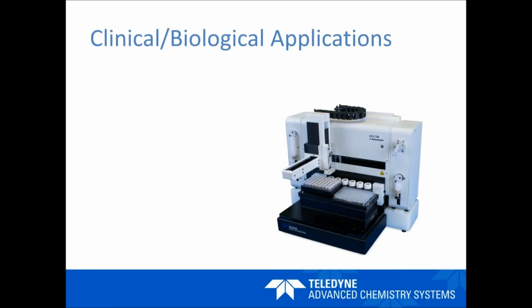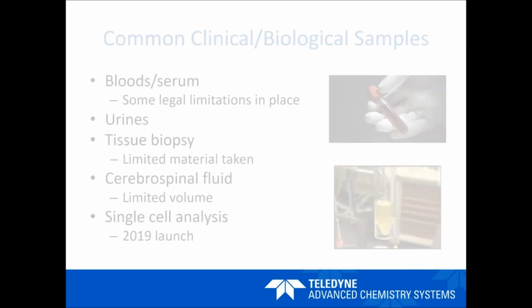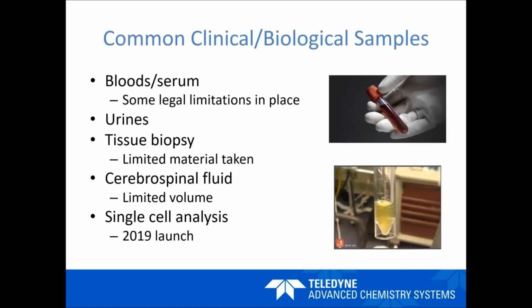So in terms of applications, one of the areas where we have seen a lot of interest for the MVX system is in clinical and biological applications. This is probably where you're more likely to come across lower volumes or lower masses to work with. The kinds of samples in biological and clinical applications that we've seen to date are bloods and serums, as I mentioned before.